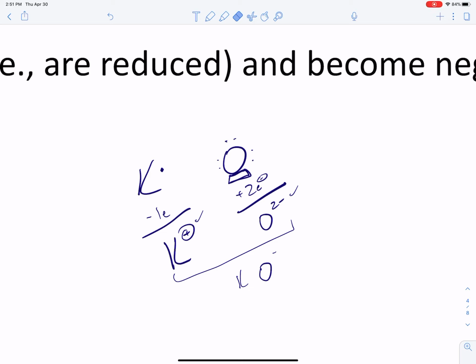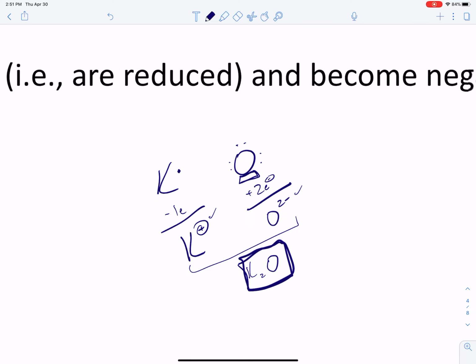That ain't so good. So what if I put 2 potassiums here? So I have 2 potassiums, each with a positive charge. Now then, positive 2 plus a negative 2 is equal to a 0 charge. So now then I can start to see I can form these things called ionic compounds.